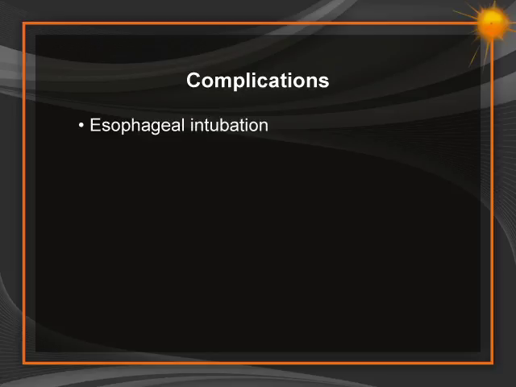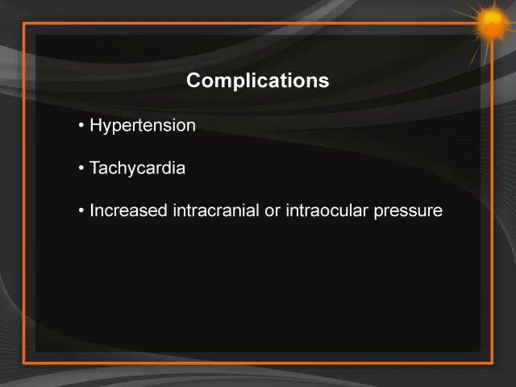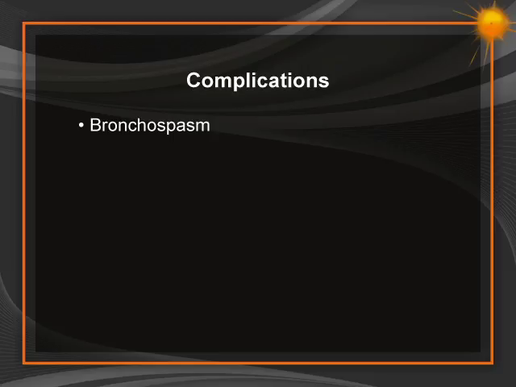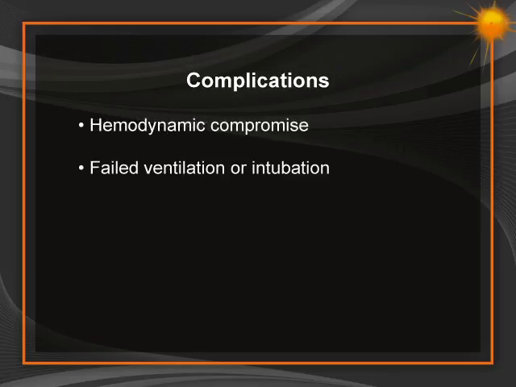These include malpositioning of the endotracheal tube, such as an esophageal or mainstem intubation, airway trauma, such as lip or tongue laceration, retropharyngeal dissection, chipped tooth, sore throat, airway edema, vocal cord paralysis, tracheal injury or bronchial injury, exaggerated sympathetic response to intubation leading to hypertension, tachycardia, and increased intracranial or intraocular pressure, exaggerated airway reflexes during intubation, such as bronchospasm or laryngospasm, depressed airway reflexes during intubation leading to aspiration, hemodynamic compromise secondary to hypnotic agents, and finally, failed ventilation or intubation leading to hypoxia or hypercarbia.